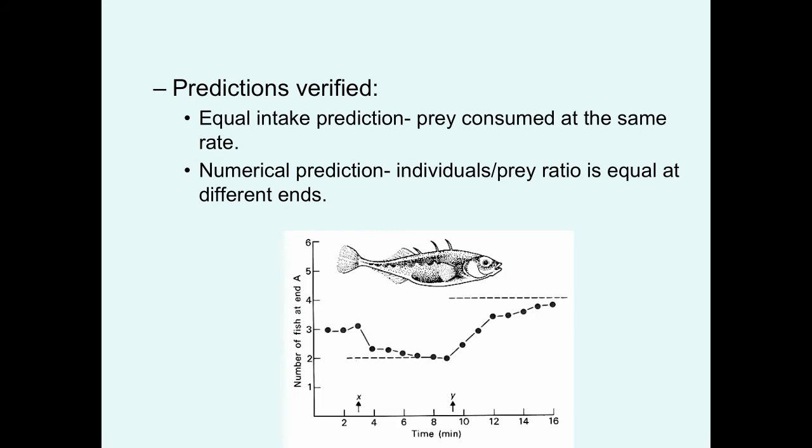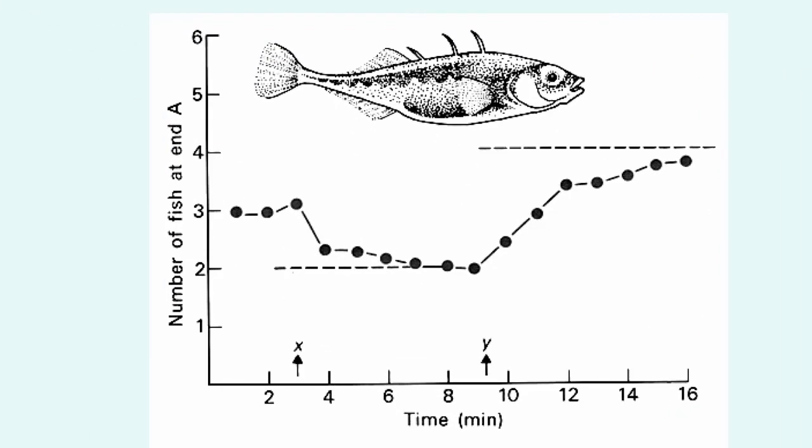So some of the predictions that were verified: individuals at both ends of the tank had equal intake rate. The numerical prediction was also met. The individual per prey ratio was equal at the different ends, and of course that's obviously related to the equal intake rate prediction. The figure here shows you how they made the changes during the experiment. Time is on the x-axis, and at point X, end A was the low resource rate.